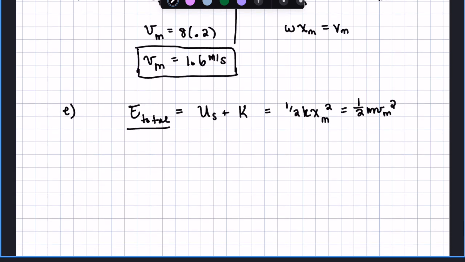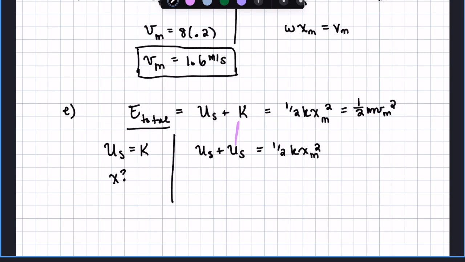The key thing for problem solving is that we're looking for where US is equal to K, and the x values where those take place. So I'm going to plug in a second US for this K, since I want to know when they're equal to each other, and set that whole thing equal to the maximum spring potential energy that we have.